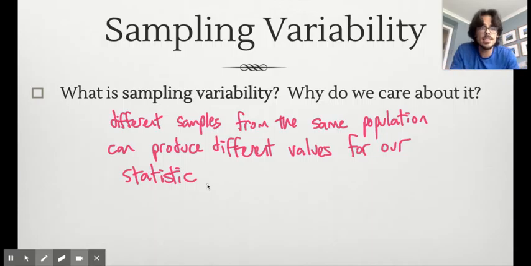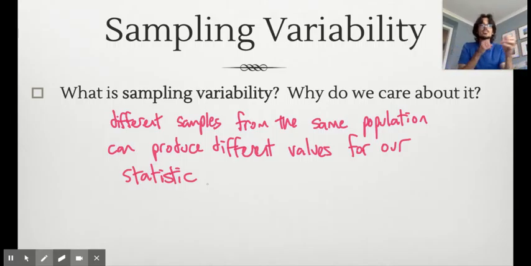Let's go back to my ACT example from earlier. Let's say the actual average in the state of Missouri is a 21 on the ACT. I could take a sample of like 50 high schoolers in the state of Missouri, and I could get, oh, my average is 22.4. You could go and talk to a different 50 people. You could be like, no, I got 21.3. Somebody else could get a 19 or a 27.